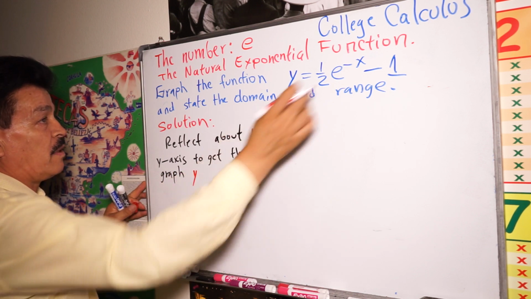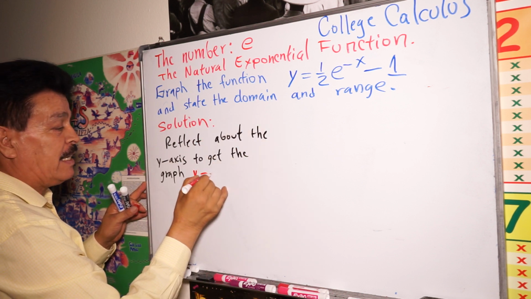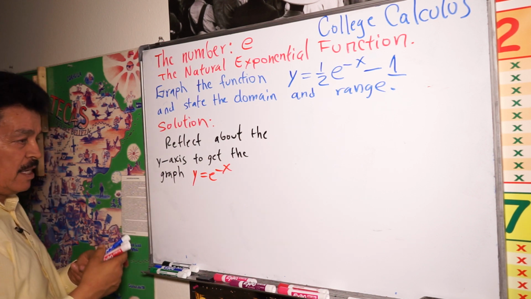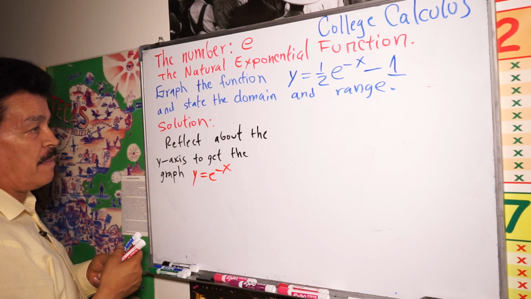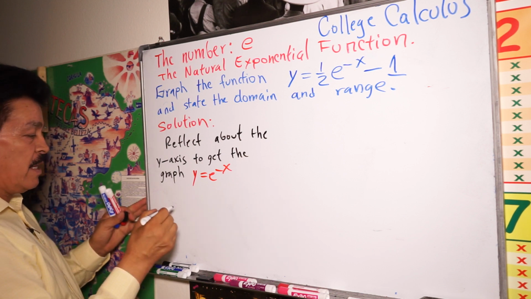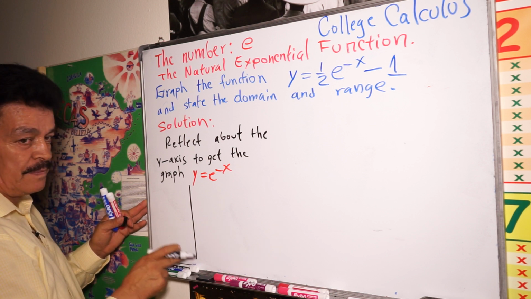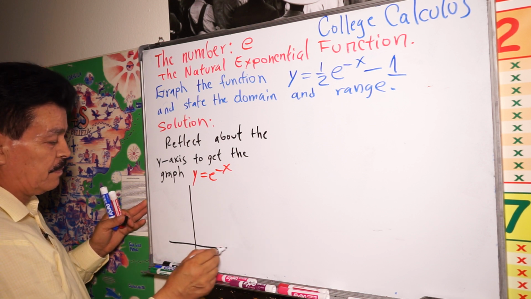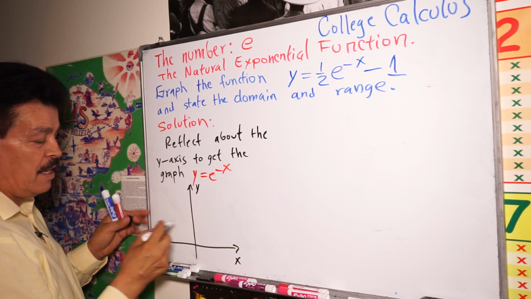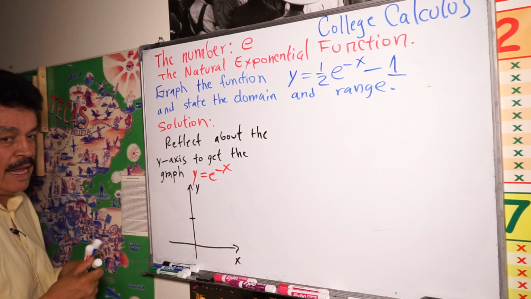Now it's y equals e to the minus x, because we're looking at the problem. I don't want to erase the graph because later maybe we get confused, so let's write the graph right here. It's very easy and simple.